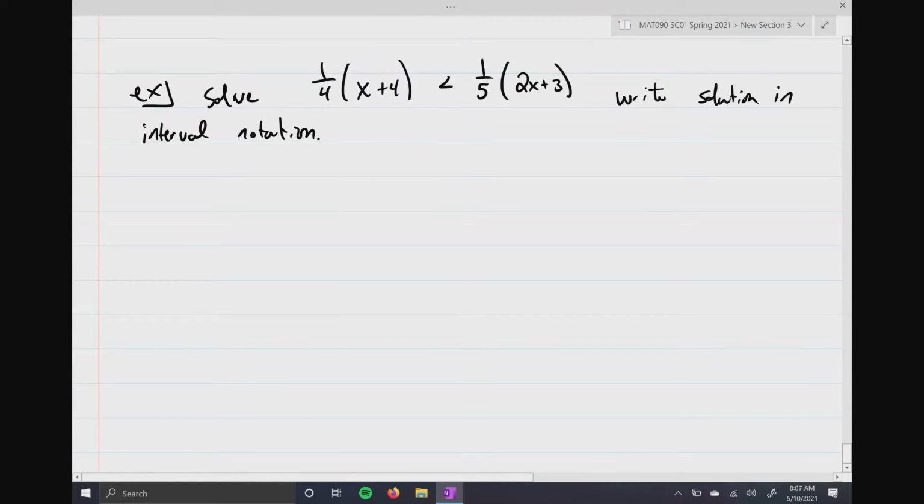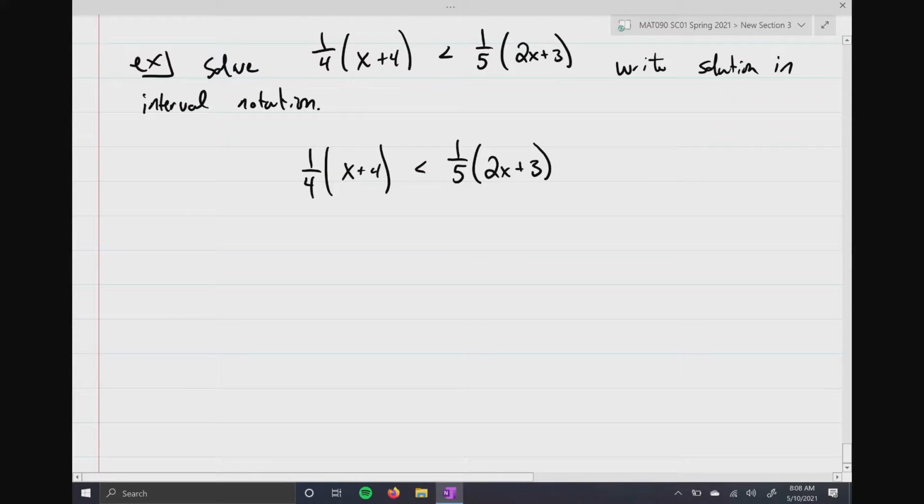All right, so all I'm going to do is just rewrite the problem. And from here, it's a linear inequality. Now, the key is linear. So I know I can follow those steps.